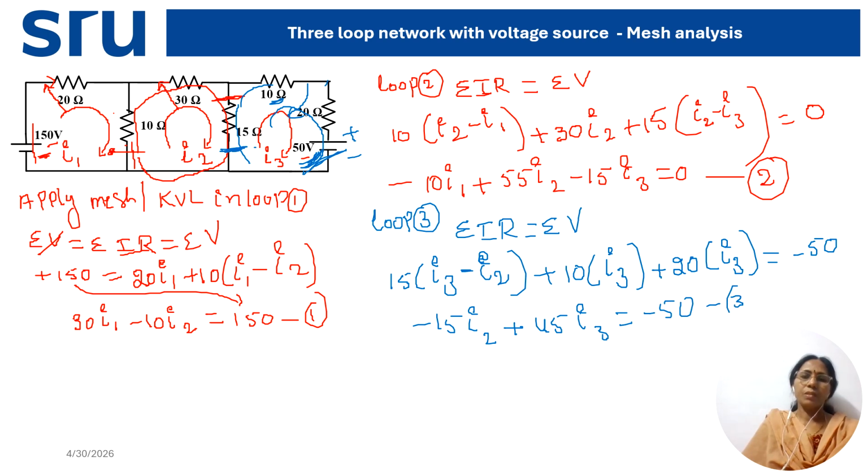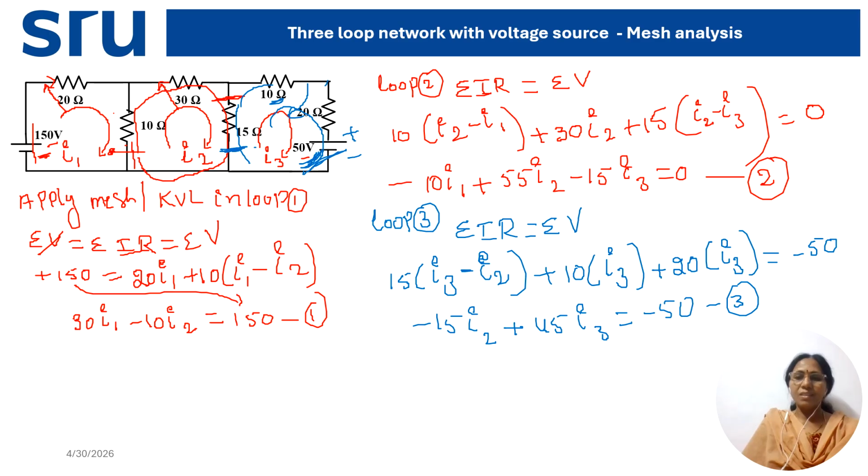This is equation number 3. Now see how to solve it. If you solve this equation, it takes I think 2 minutes, but if you use your calculator, you can solve this within 10 to 15 seconds.